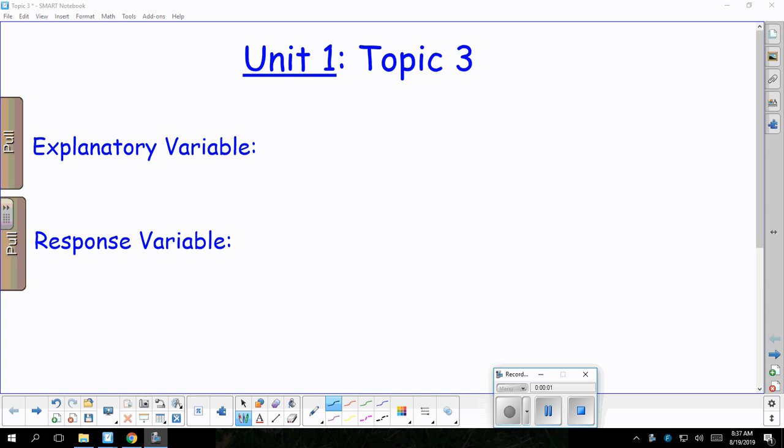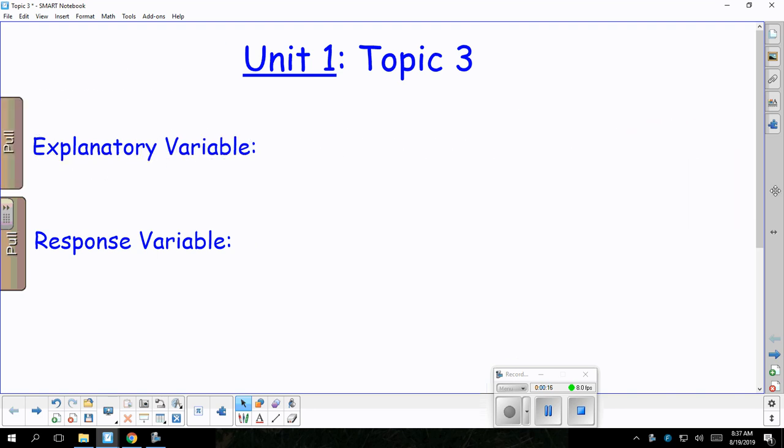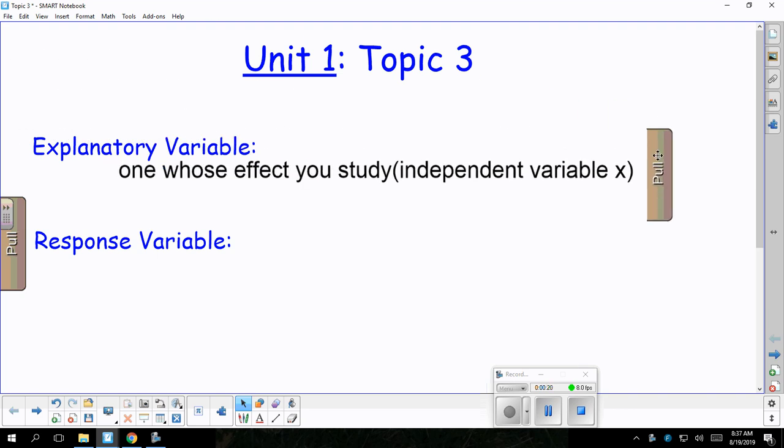Topic 3. We're looking at explanatory and response variables and different types of bias we can see in data. So first, an explanatory variable is the variable whose effect you study, also called an independent variable, the X variable.